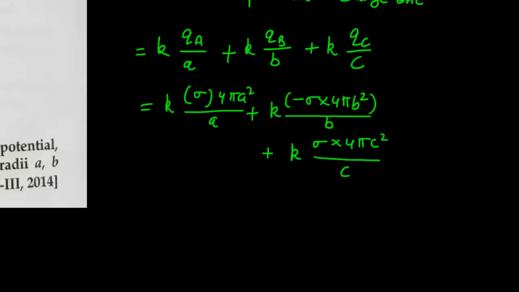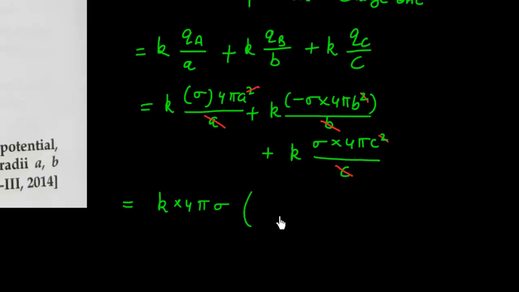So a will cancel its square, b will cancel its square, c will cancel its square, and K, 4 pi and sigma are common.